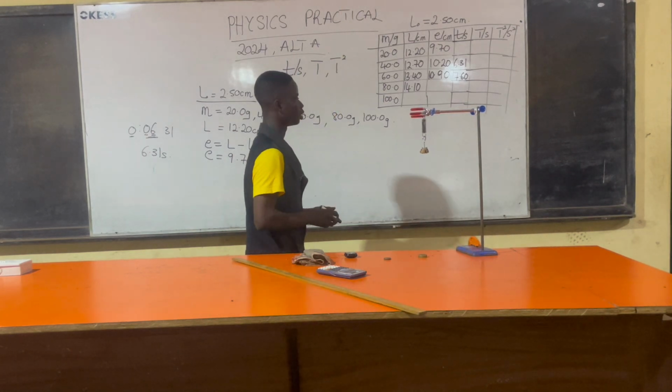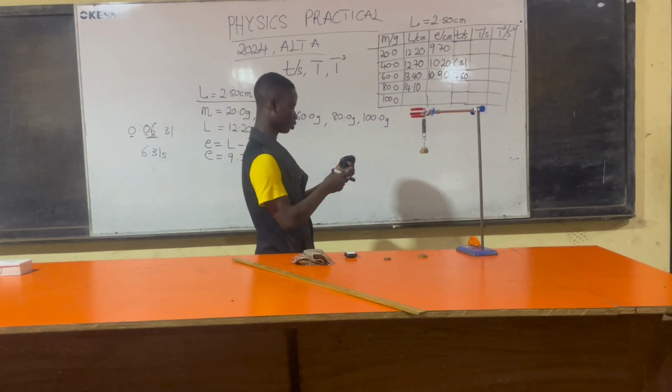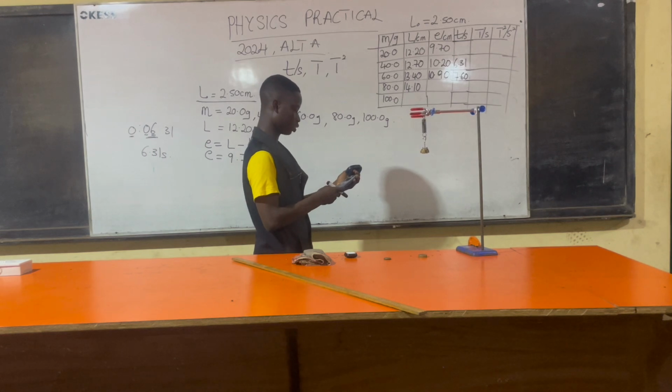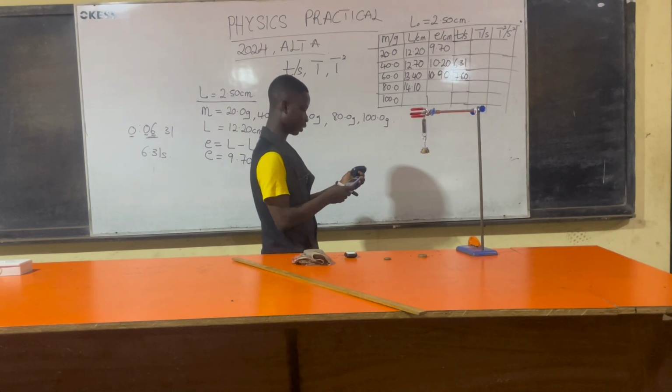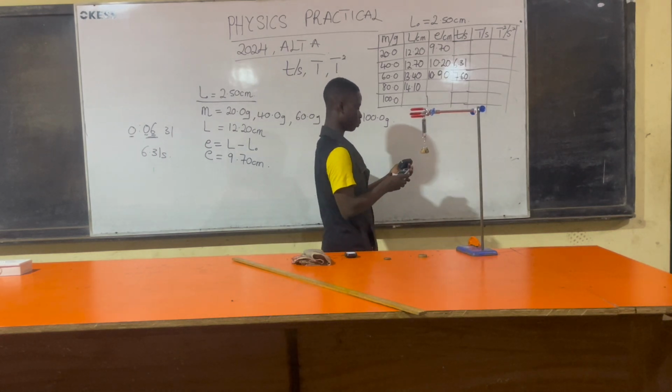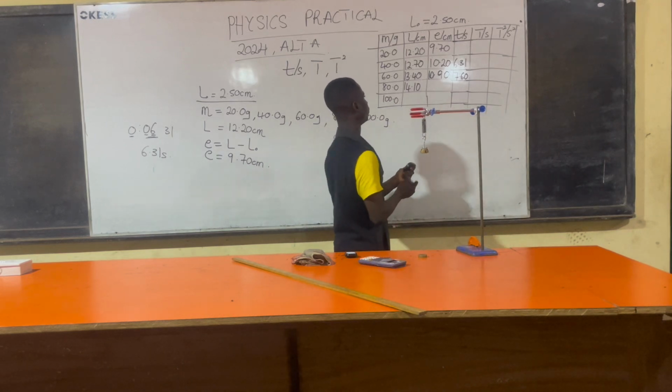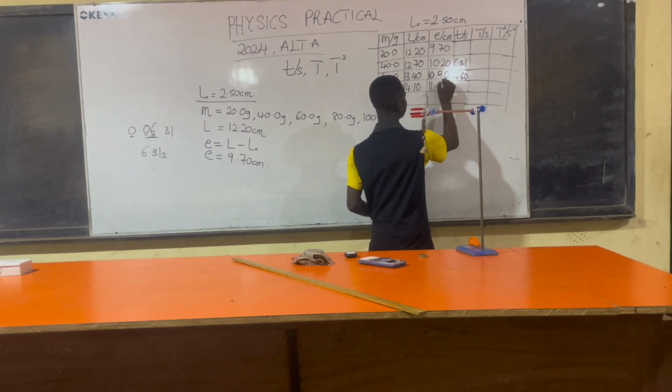Then for the extension, 14.10 minus 2.50, you have 11.60.